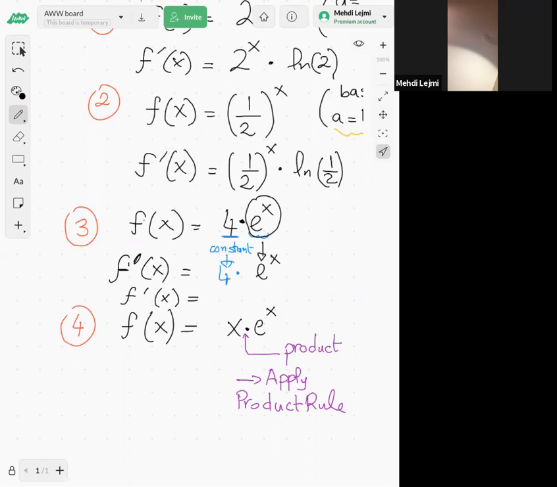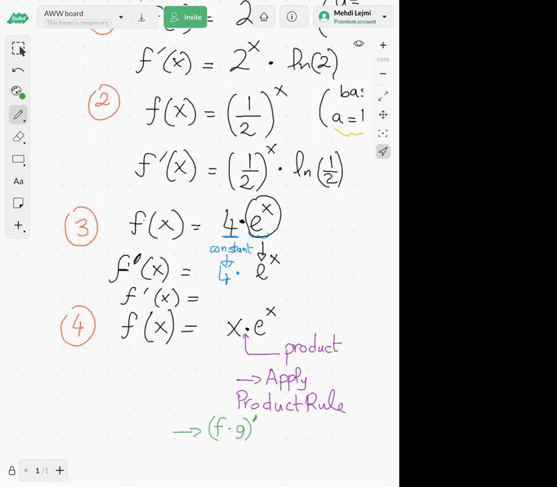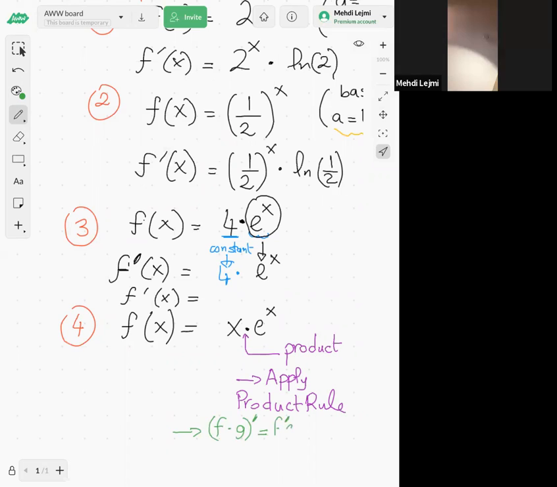Remember the product rule: let me just remind you. If you have f times g, prime, then that would be f prime times g plus f g prime, right?